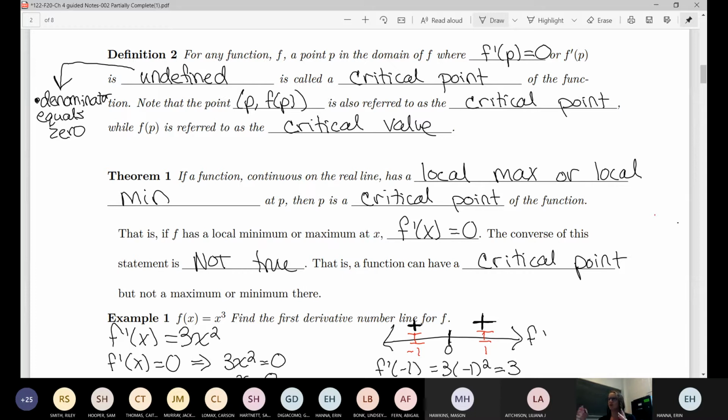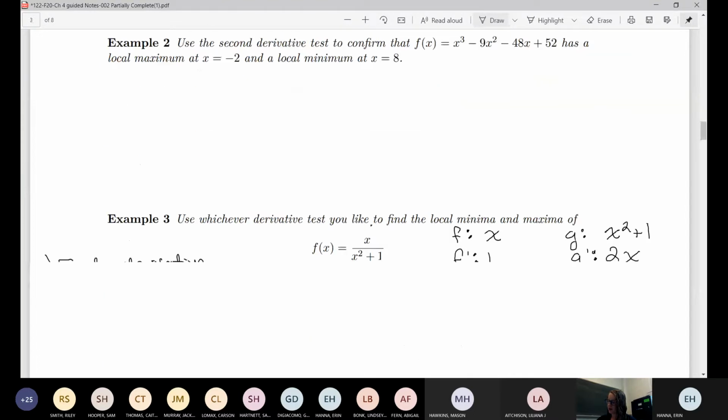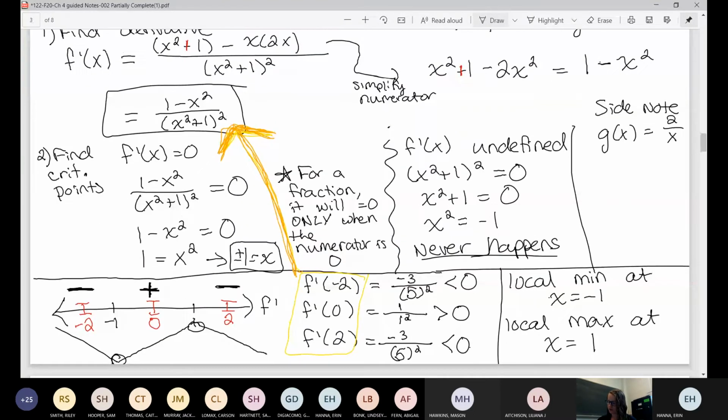But that's how we know that at a max or min the derivative must be 0. So why don't we find all the places where the derivative is 0 and then triple check that it's actually a max or a min using that number line. Since x equals +1 and -1 were the numbers that gave me the derivative equaling 0 in the critical point step, they're possibly maxes or mins, and then the number line confirmed it.